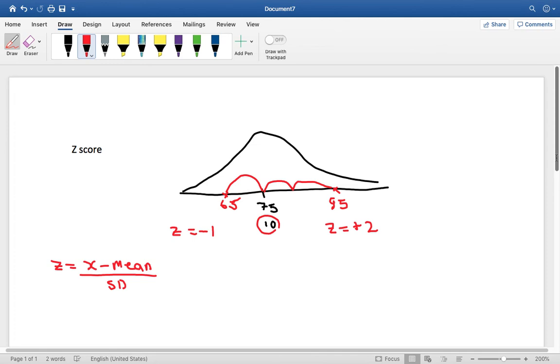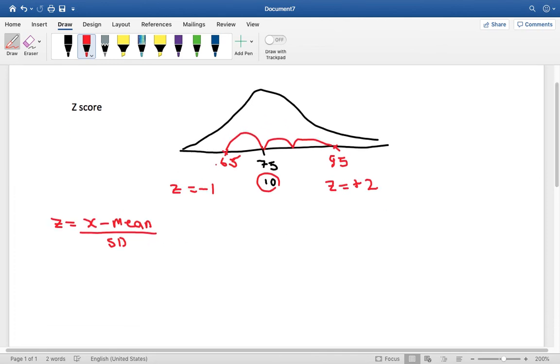Well, x for that student is 65, minus the mean, which is 75, divided by the standard deviation, which is 10. So 65 minus 75 is minus 10, divided by 10, equals minus 1.